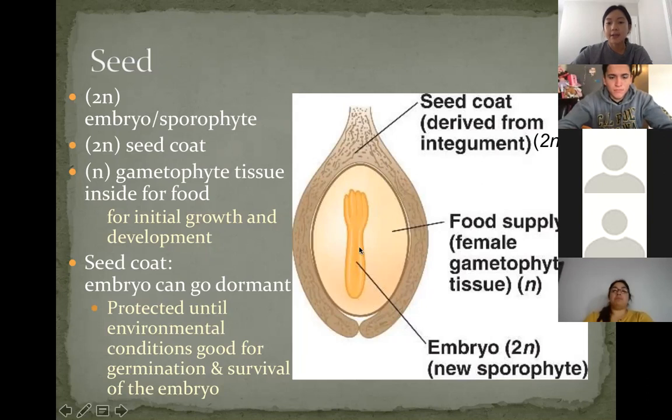And this embryo, again, is taking all of its food and nutrients from the female gametophyte. So the seed coat, which again was the integument, essentially allows the embryo to go dormant. It's protecting it from certain environmental conditions, but when the environmental conditions are favorable for germination, then the embryo will not go dormant anymore. But again, that seed coat is basically providing protection.